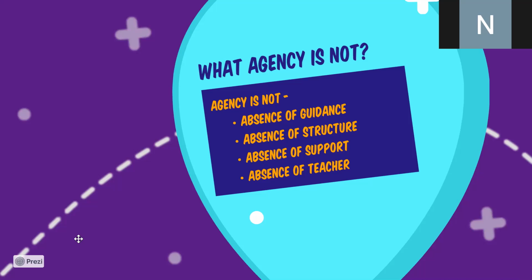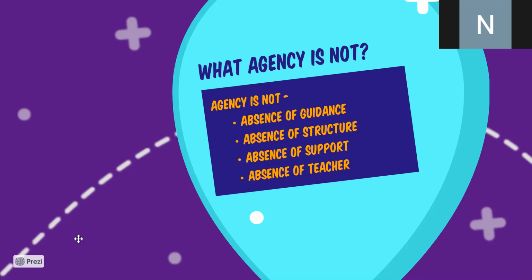Agency is also not absence of structure. Although we encourage children in a PYP classroom to explore their surroundings to the best of their abilities, and to choose their own way of showcasing their knowledge, we also need to teach them structure, where they have the ability to organize their thoughts and their knowledge in such a way that is most neatly presented to the audience.